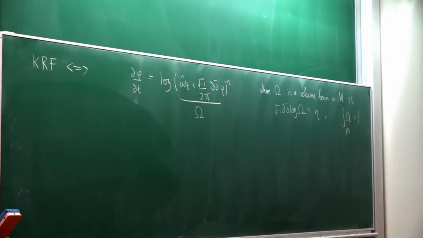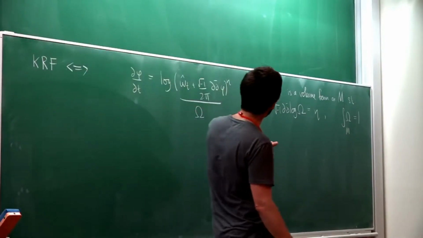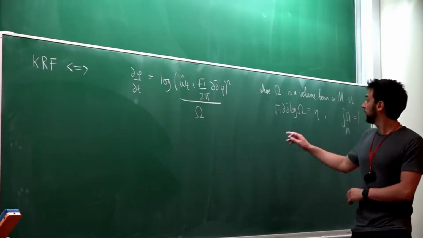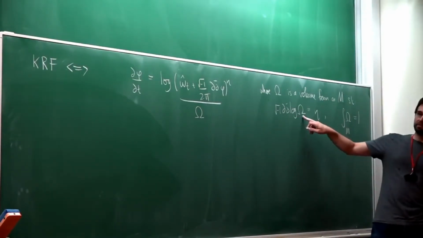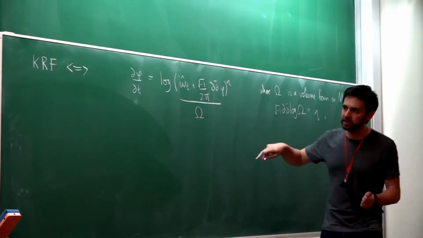How do I know that I can do such a thing? Well, eta, you can see from this formula, has to be in the first Chern class, and dd bar log of a volume form is always in the first Chern class.